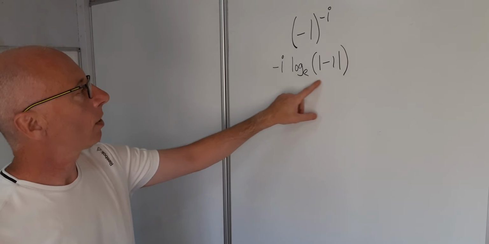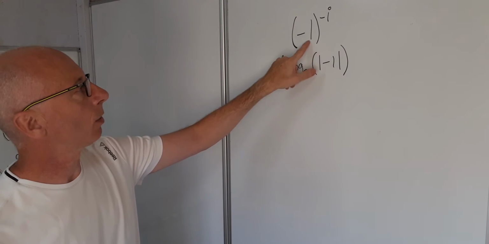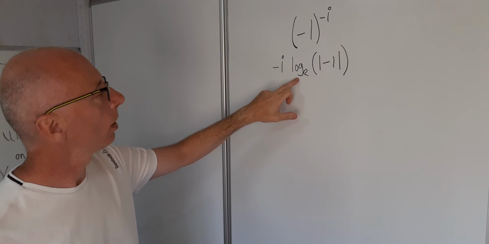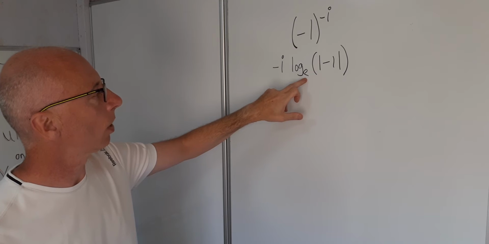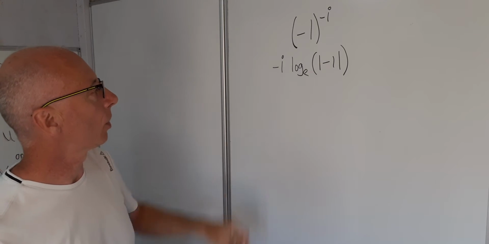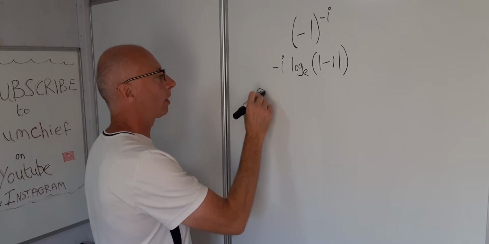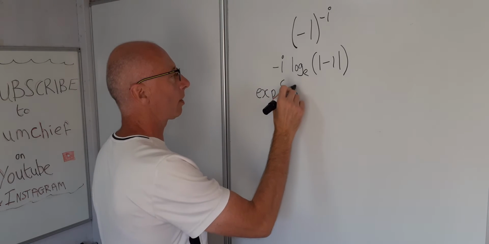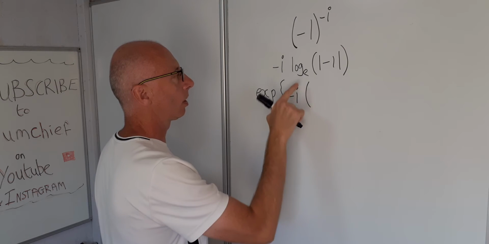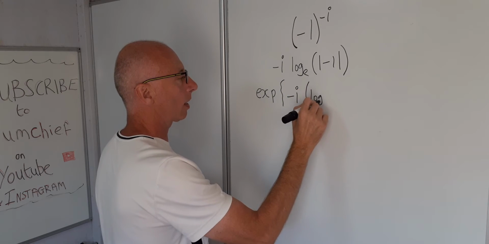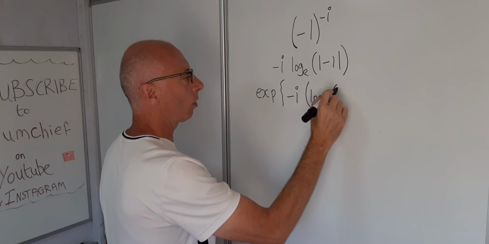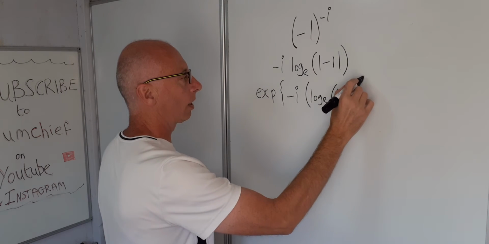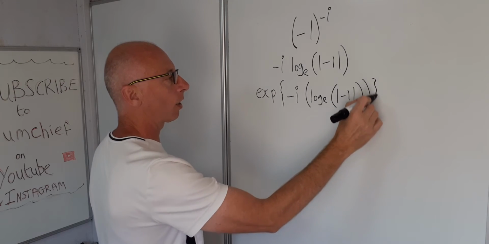But what we've done so far is we've changed the value of what this is. So we need to take the inverse function of log, i.e. the natural log, which is the exponential function. So now we go exponential, curly bracket here, minus i times log base e of absolute value minus 1, and then close the brackets.